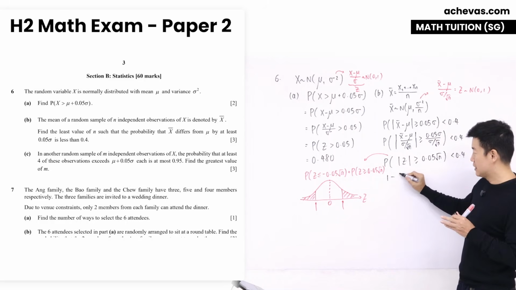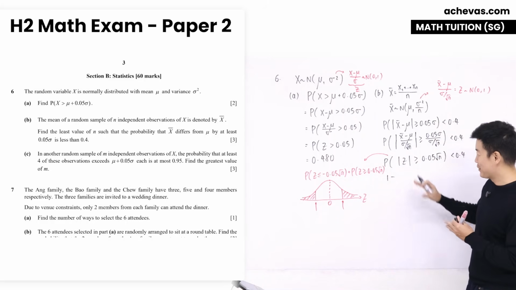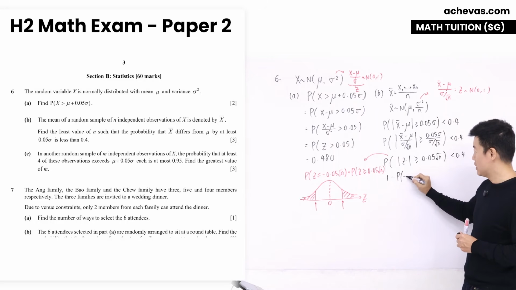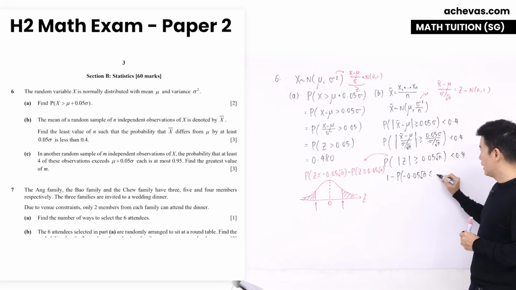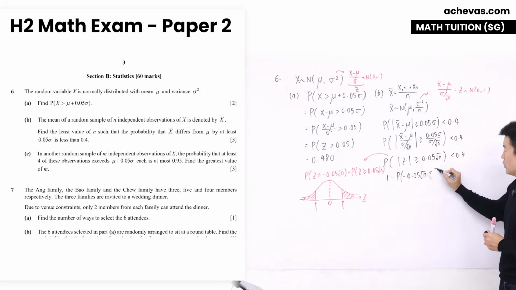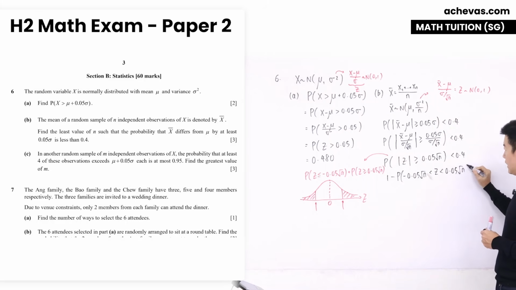So I'm going to do that. This seems to be a little bit smoother in terms of my solution. So it's going to be the probability that z is between negative 0.05 square root of n, and I shouldn't need an equal sign anymore, and less than 0.05 square root of n. This is less than 0.4.